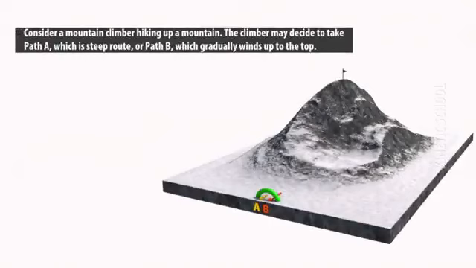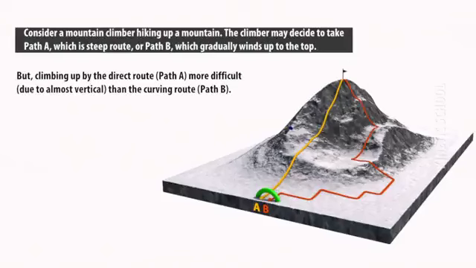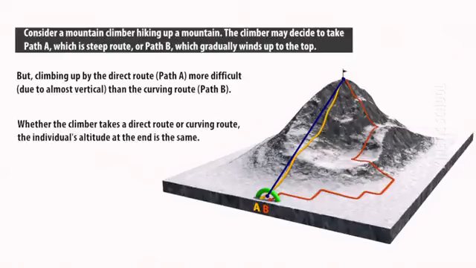Explanation. Consider a mountain climber hiking up a mountain. The climber may decide to take path A, which is a steep route, or path B, which gradually winds up to the top. Climbing up by the direct route, path A, is more difficult as it is almost vertical compared to the curving route, path B. Whether the climber takes a direct route or a curving route, the individual's altitude at the end is the same.